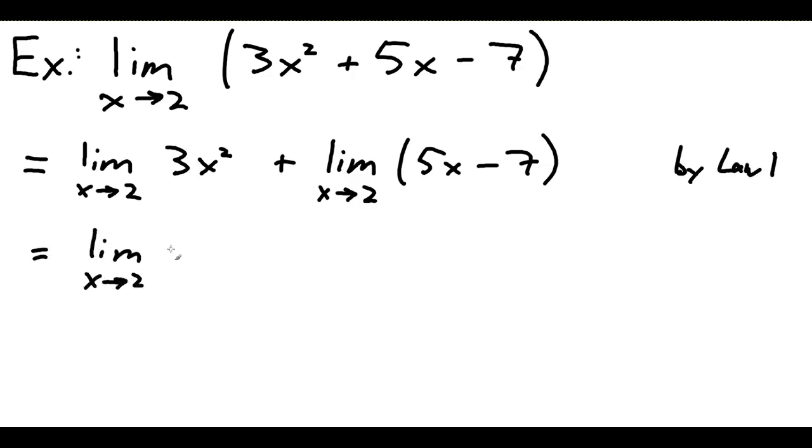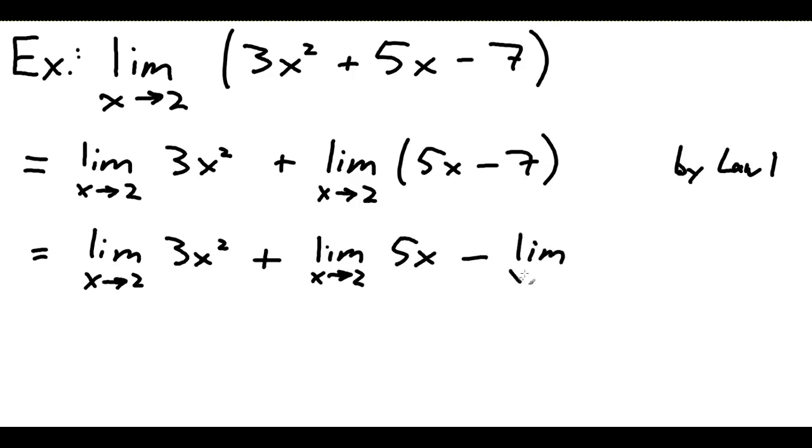Now, we did this with our sum, but we see that our second limit is a difference. And law number 2 allows us to write the limit of a difference as a difference of limits. So the limit as x approaches 2 of 5x minus 7 is the limit of 5x minus the limit of 7.